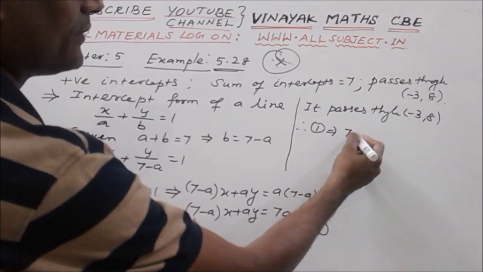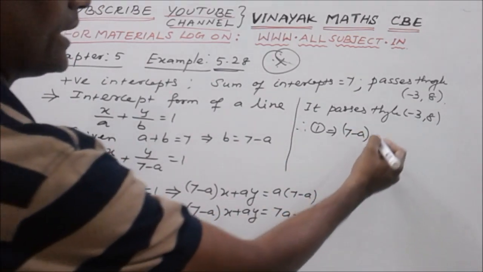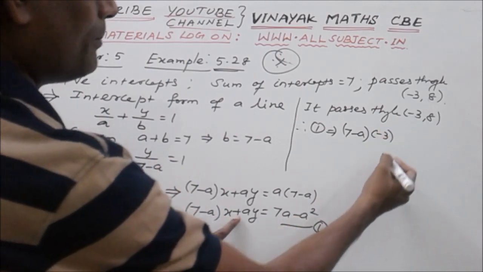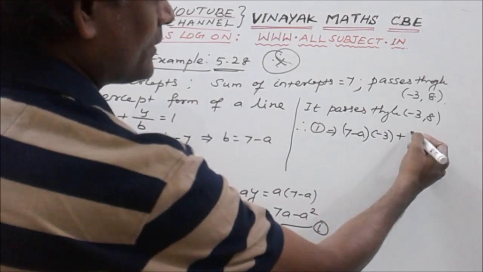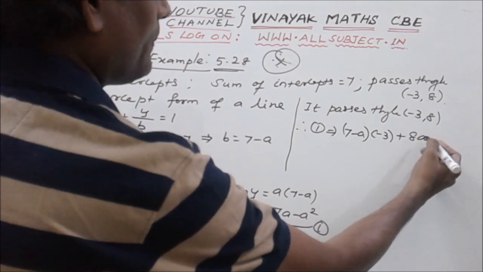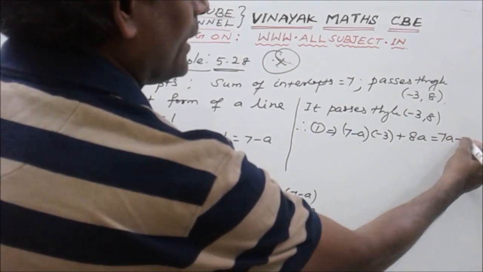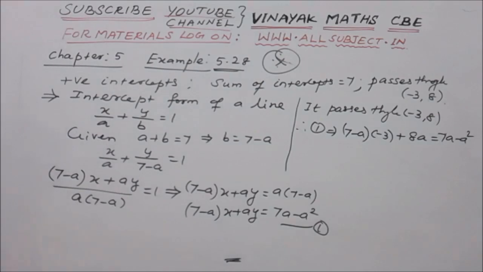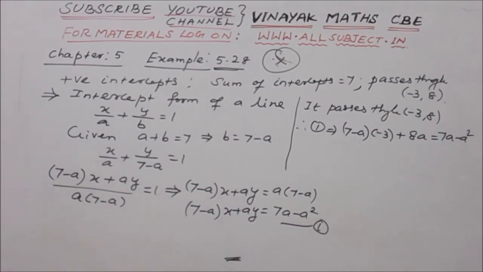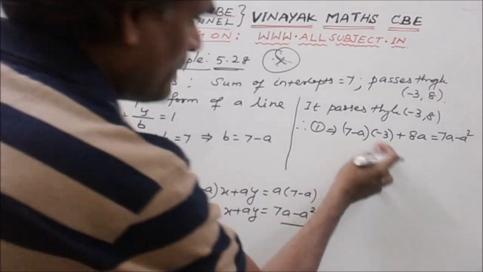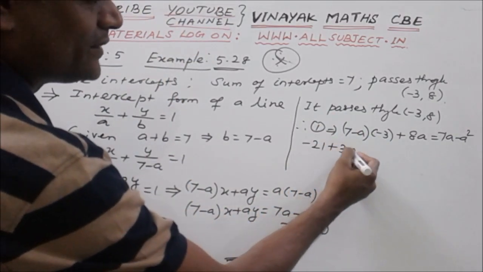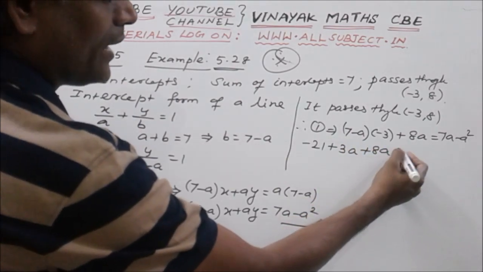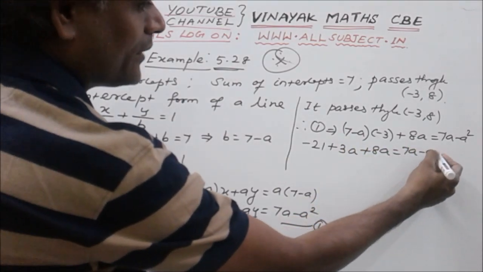So (7 minus a) into minus 3 plus a into y, which is 8, so 8a equal to 7a minus a square. Now multiply the minus inside: minus 21 plus 3a plus 8a equal to 7a minus a square.